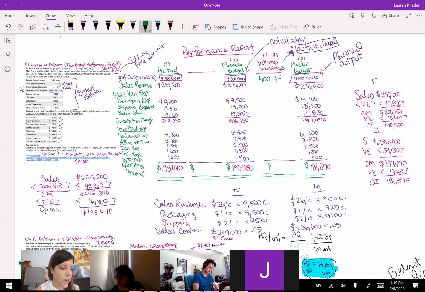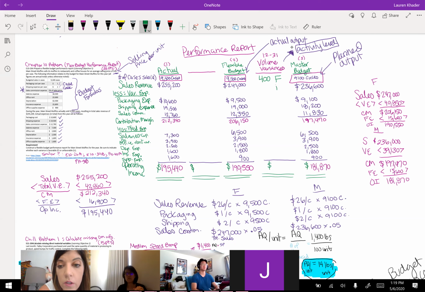So it's not a dollar variance, it's a unit variance. What does that mean? If my volume variance is favorable, meaning that I am selling more units than I expected to sell, what do I expect for my revenue variance to be between the flexible budget and the master budget? Favorable.